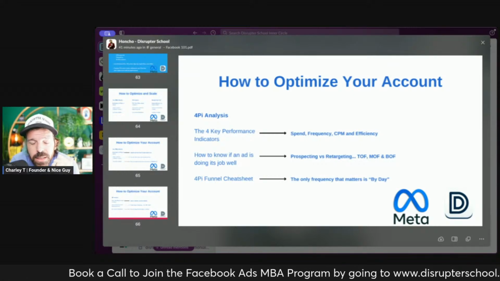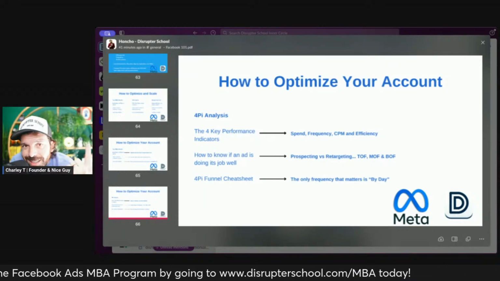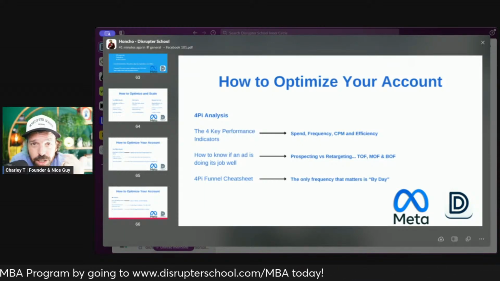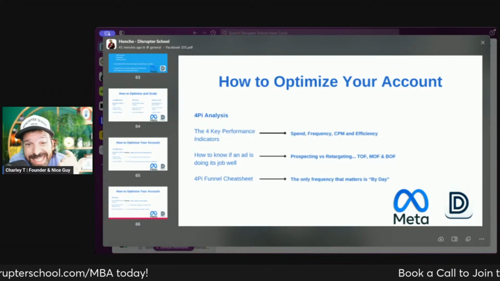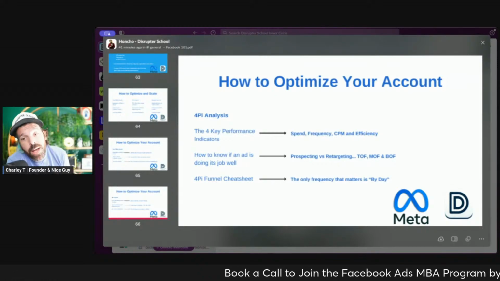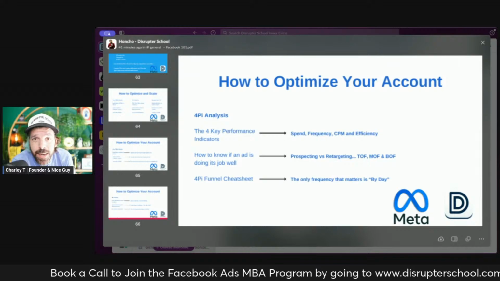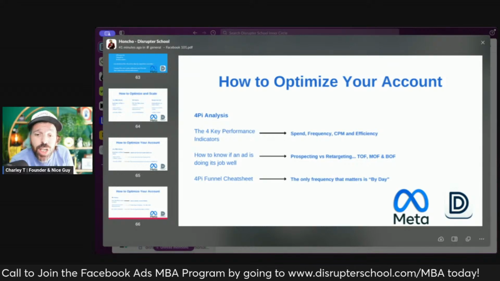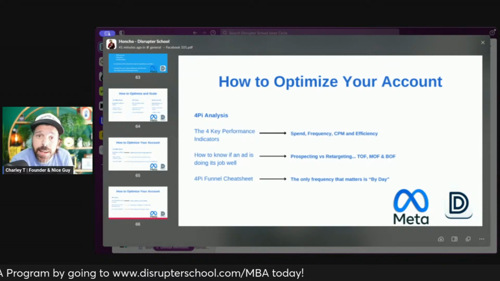So what matters here, if your frequency is low, then we should also potentially see a low CPM. If your frequency is low and your CPM is low, and by that I mean less than the average in your account, then I would expect the efficiency to be low, meaning a higher CPA. And if that's getting a bunch of budget, that's a prospecting ad. That also isn't necessarily a bad ad.